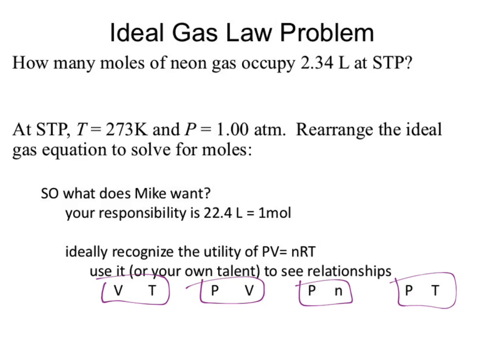Let's pick a harder one then. What's the relationship between moles and temperature? They're on the same side of the equation, so that can be a little bit trickier to deal with. So what should we do? Divide it out. Get one to the other side. PV equals nRT. PV over n equals RT.